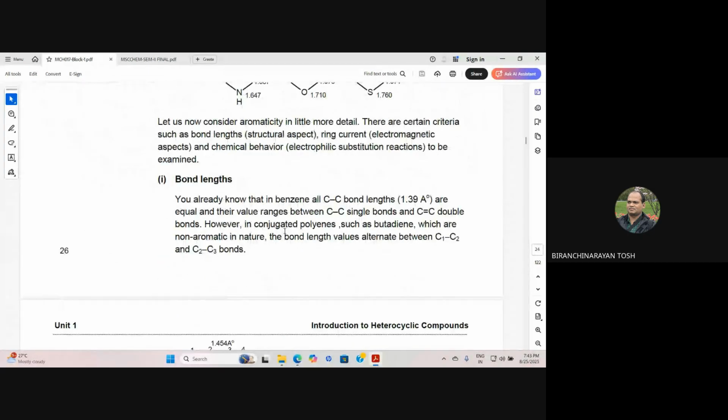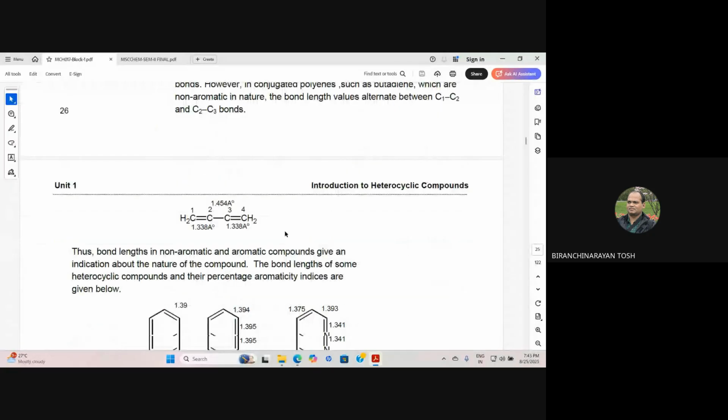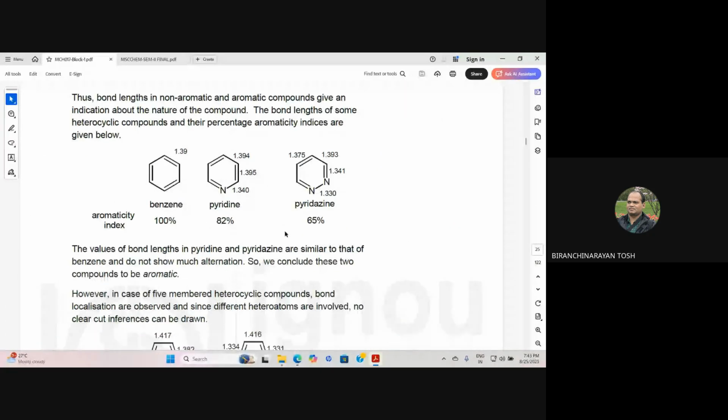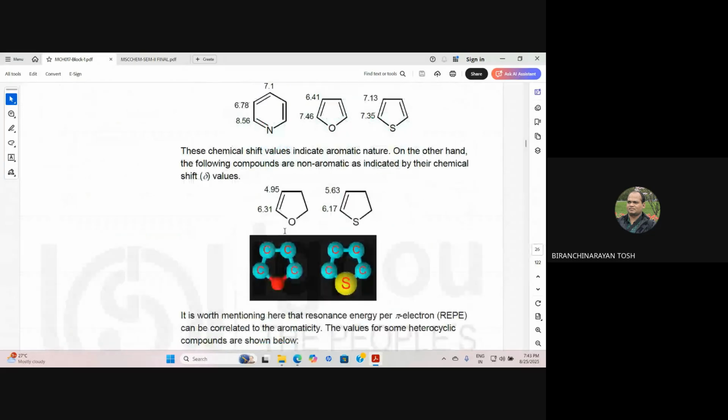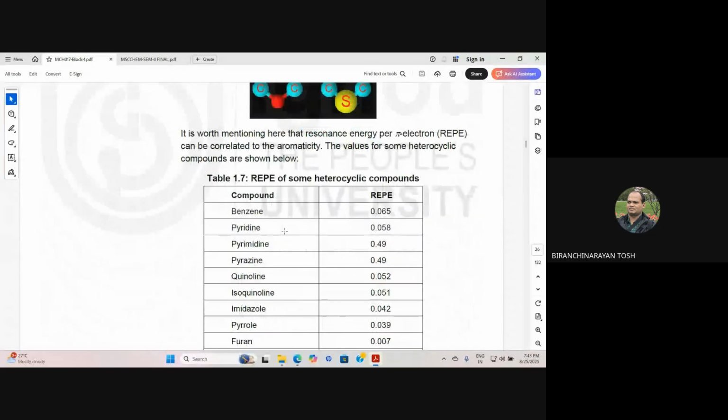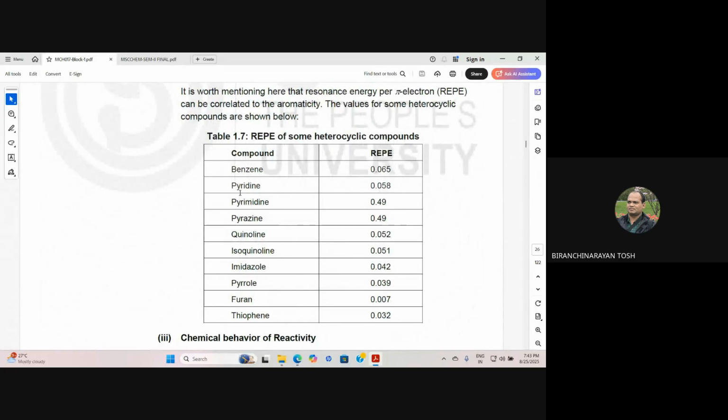Then that also affects the bond length and finally the ring current. Here the REP values are given for benzene, pyridine, pyrimidine, pyrazine, isoquinoline. So it goes on decreasing. For furan it is minimum, 0.007, because the 5-membered ring contains only the oxygen atom.